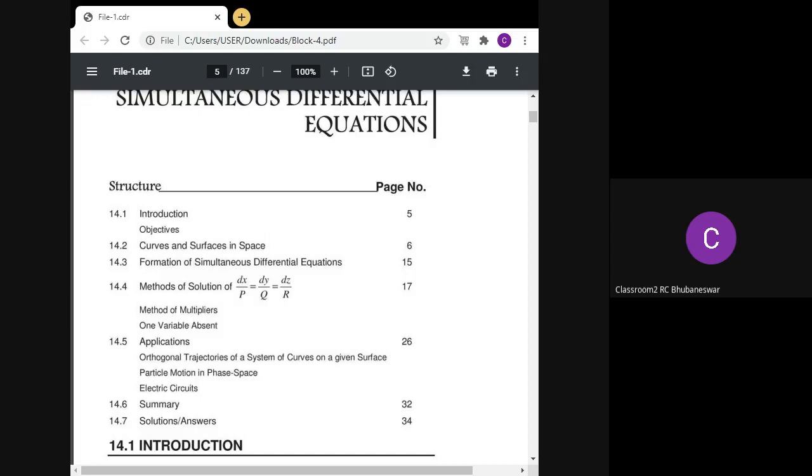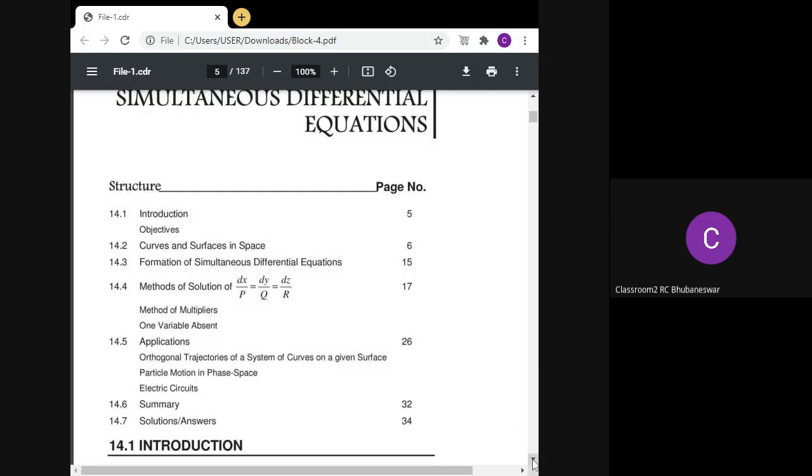And finally, we are going to discuss the applications, how we can apply these basic ideas of simultaneous differential equations in the field of orthogonal trajectory, particle motion in phase space, and third, electric circuits. So now let us move to page number 9 to discuss how we can represent the equation of a curve and surface in space mathematically.